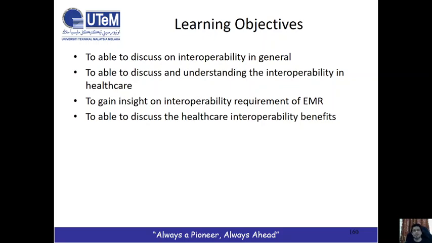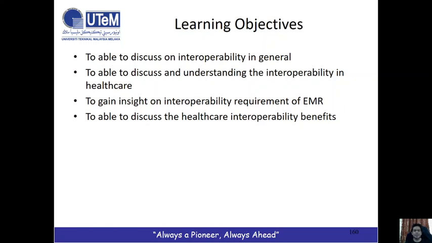Let's say take one department, pharmacy. So you develop pharmacy information system. So you need to consider the integration with other applications within the hospital.